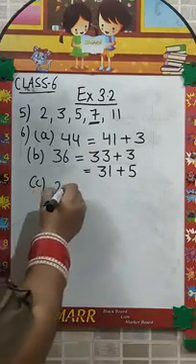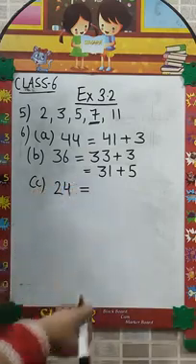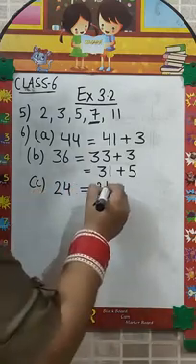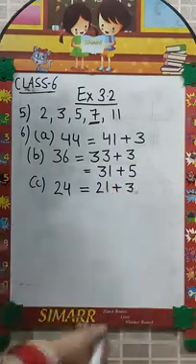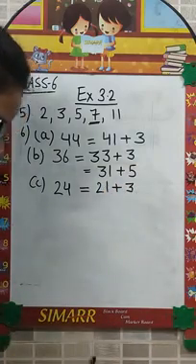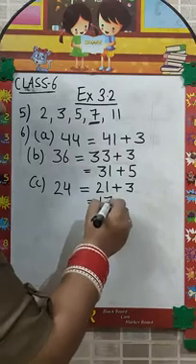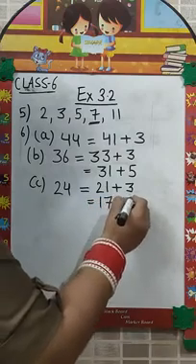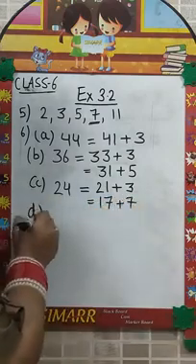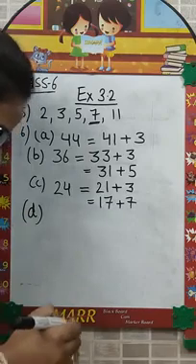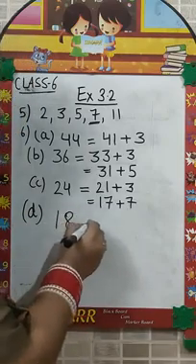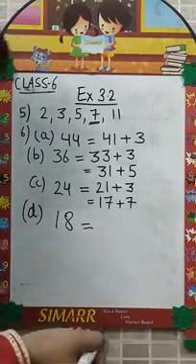Next we have 24. How can I write 24 as sum of two odds? 21 plus 3, I can write it like this, or 17 plus 7. Now in D part we have 18. How can I write 18 as sum of two odd numbers?